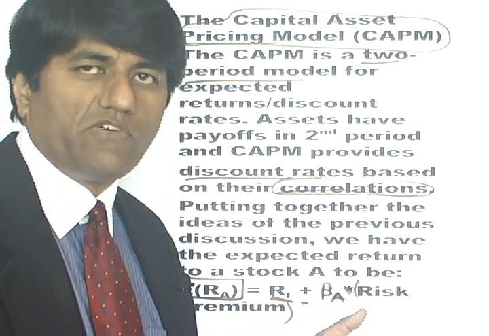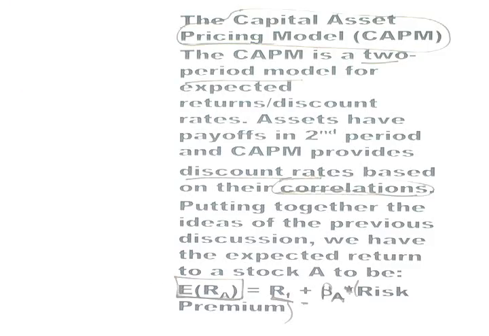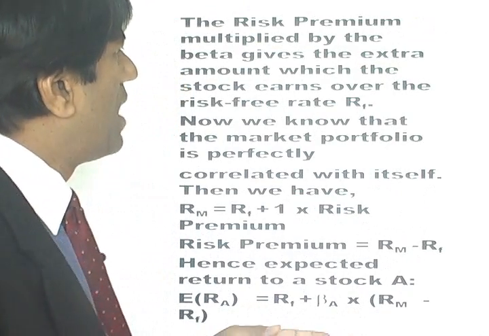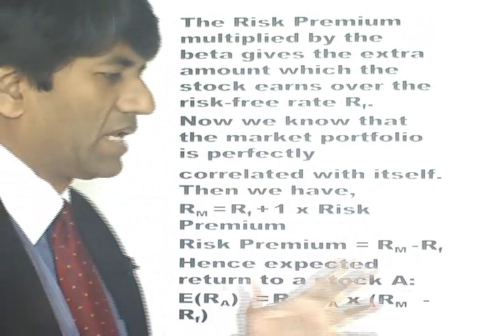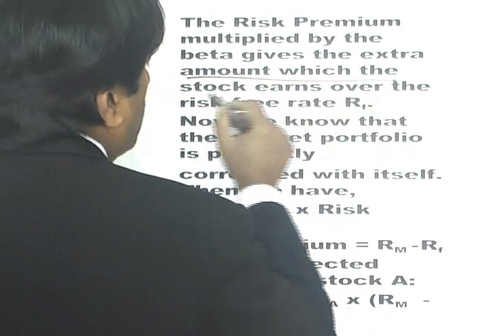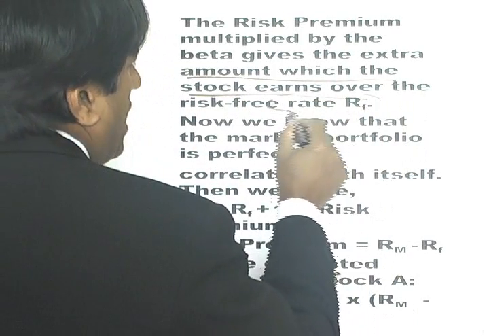So now we would like to find the risk premium. Beta multiplied by the risk premium gives you the extra amount which the stock will earn over the risk-free rate R.